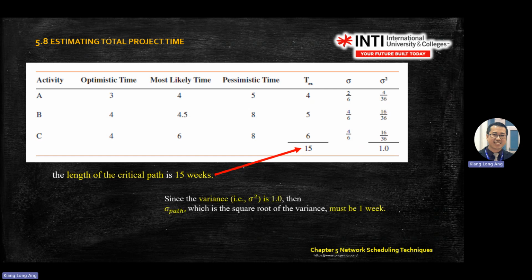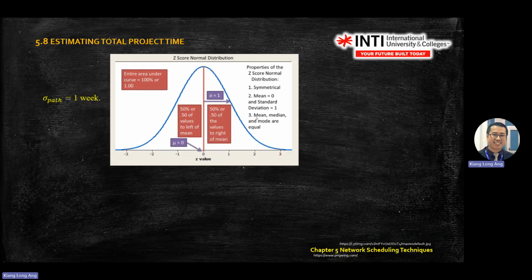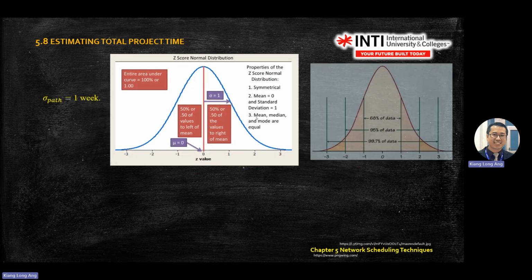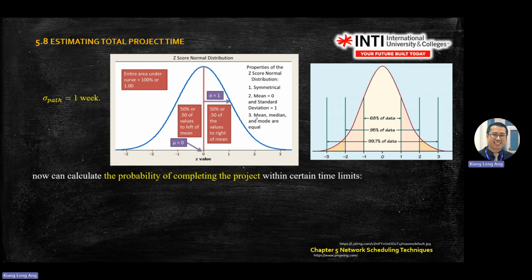So what does the variance mean? Variance 1 means plus minus 1 day. The rest is just explanation on the statistics graph.